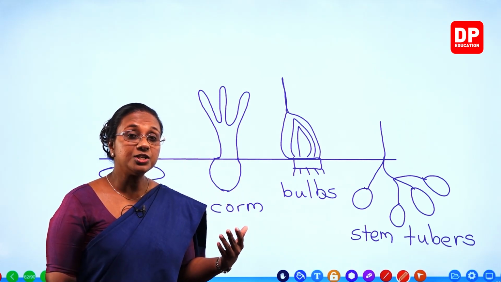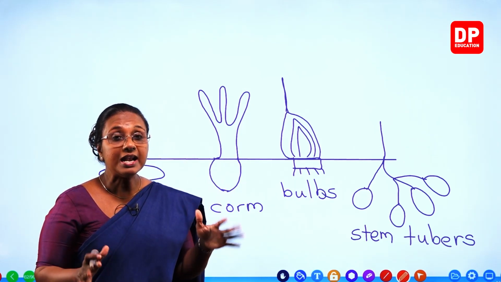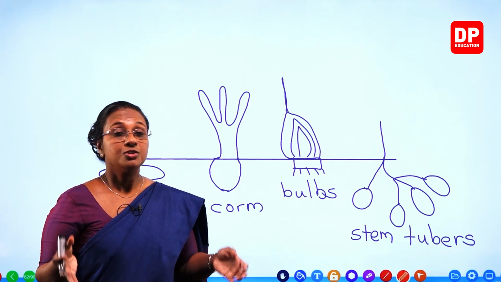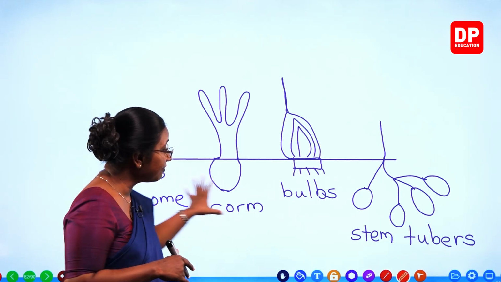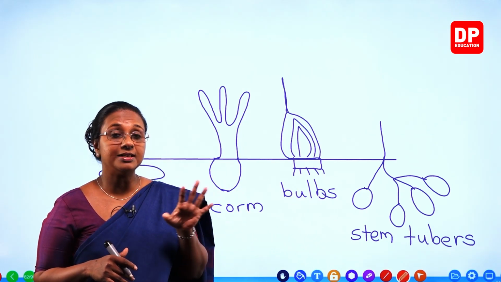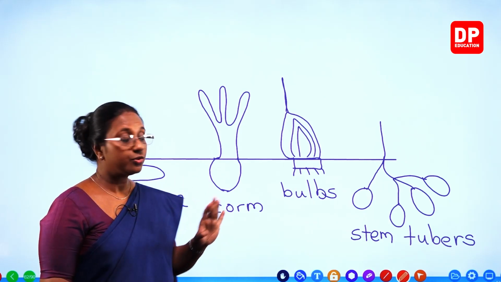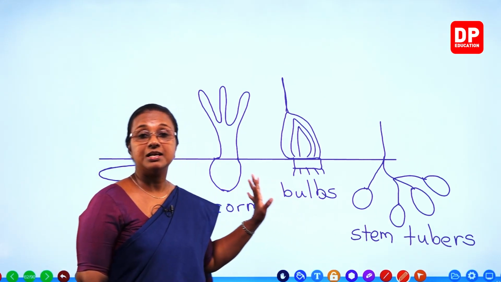They have food storage, no? So they survive until that adverse climatic condition changes. So that period where they survive under the soil is known as the dormancy period.